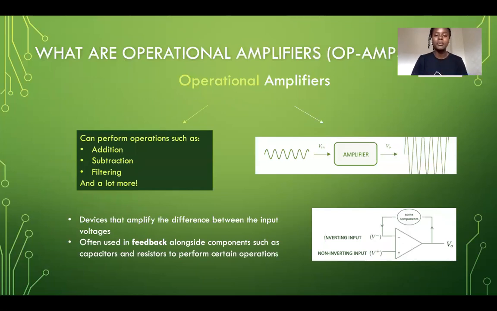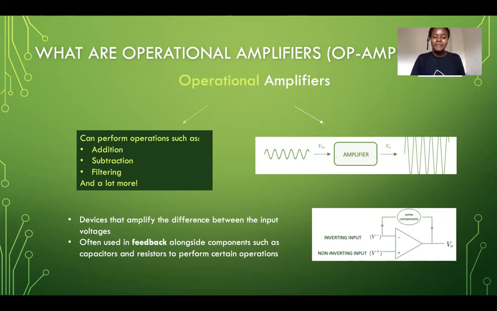Right, what are operational amplifiers? It comes from the words operational and amplifiers. It sounds silly, but it literally is what it sounds like. Operational means it can perform operations such as addition, subtraction, filtering. It can also do differentiation and other things like digital to analog conversion.